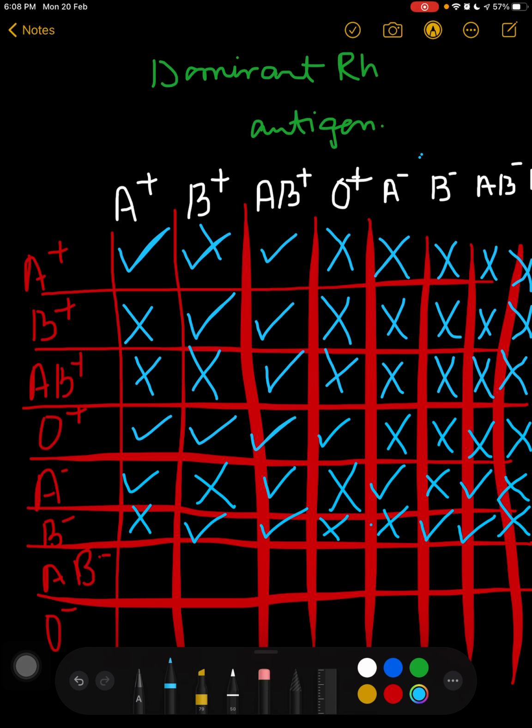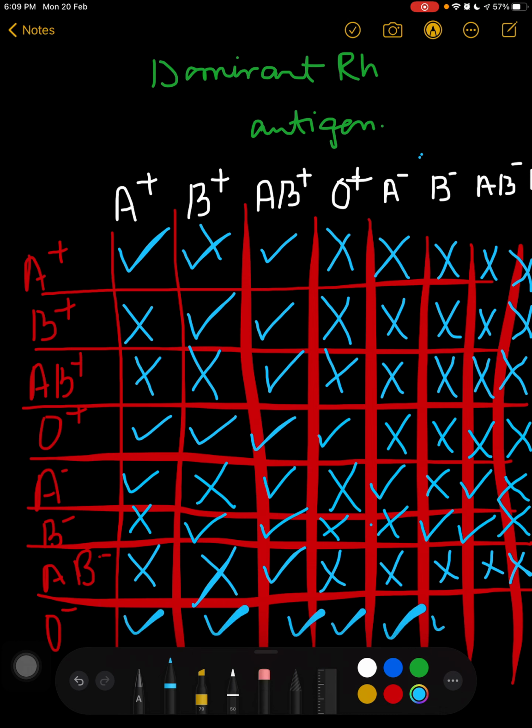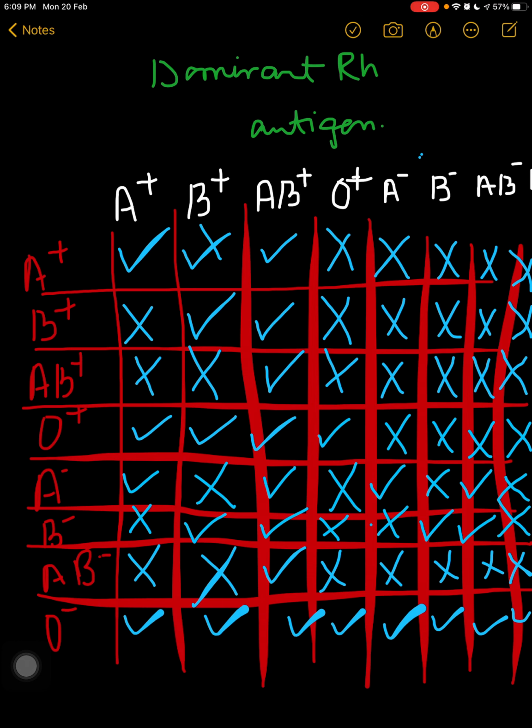Basically A positive has antibody against B, so it can't give, neither to AB. It can give to AB, but can it give to O? No, no, no, no, and no. Okay, if we talk about O negative, basically O negative is universal donor, so it will give to everyone, right.